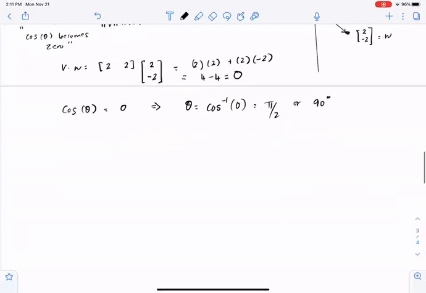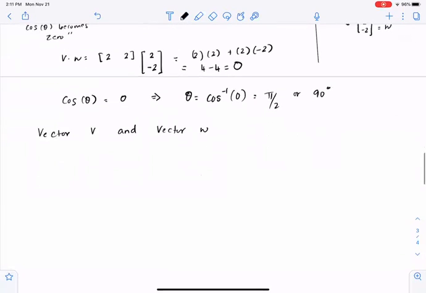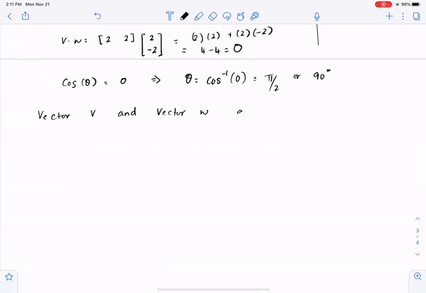So the vectors v and w are at a right angle.